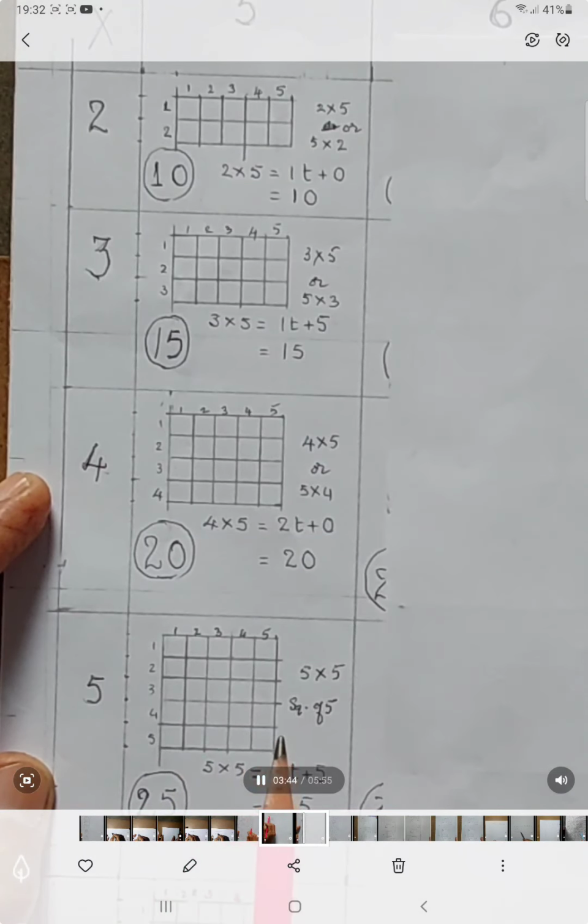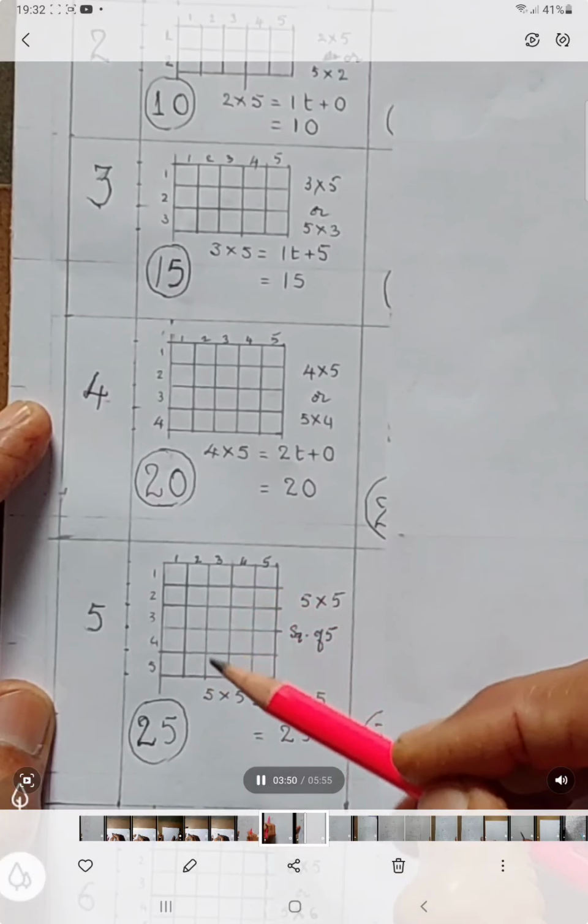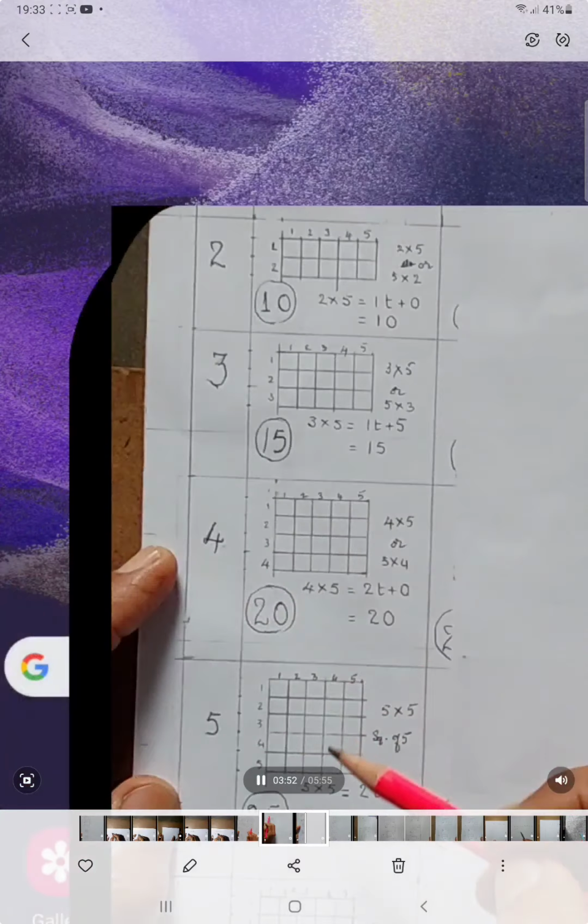First column, second column, third column, fourth column, and then the fifth column. So there are 5 rows and also 5 columns. So the outline of this array is a square of 5. We know a square of 5 has 5 times 5.